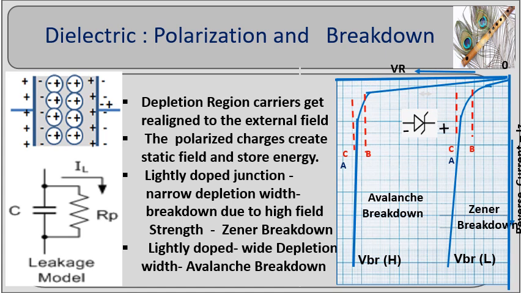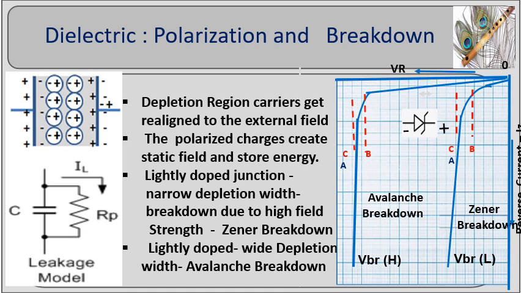A reverse biased diode acts as a parasitic capacitor and generates a static electric field across the depletion region. The bonded electrons of the depletion region atoms get polarized and realigned to the external potential. This static charge creates an electric field and stores static energy. A heavily doped junction creates a narrow depletion width region, creates high field intensity and experiences Zener breakdown.